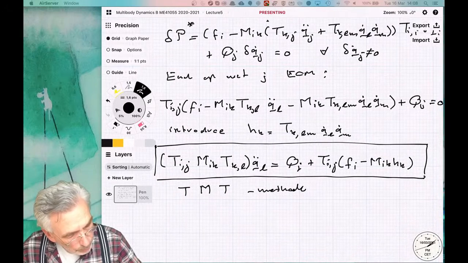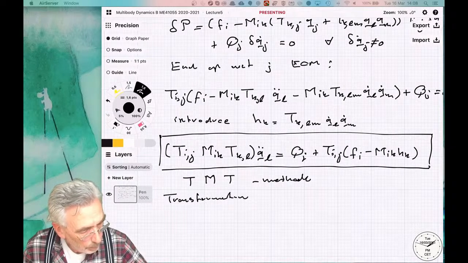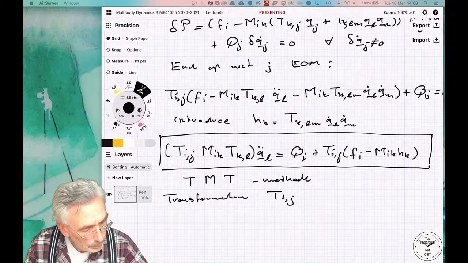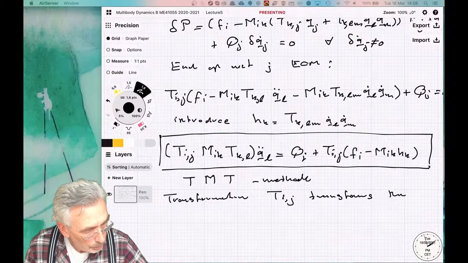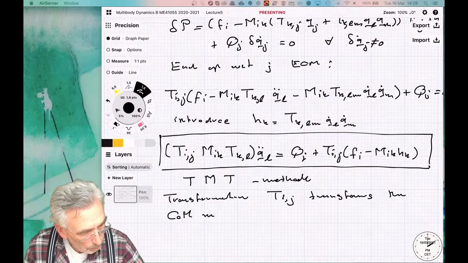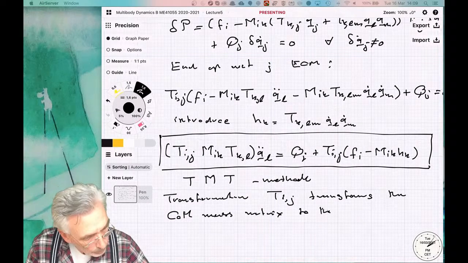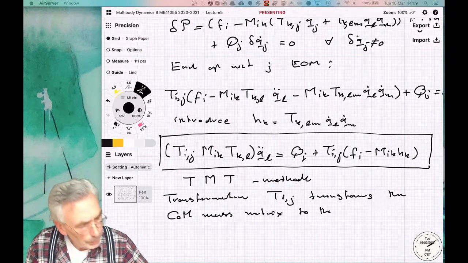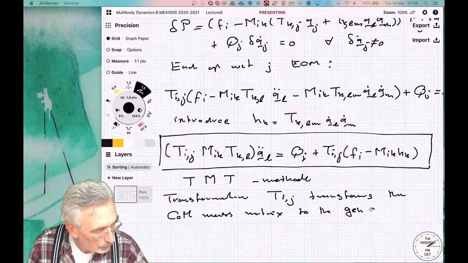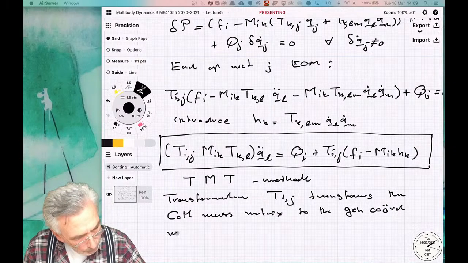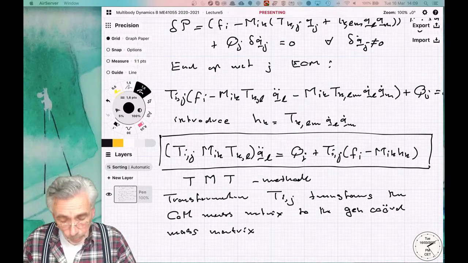Because the transformation Tij transforms the mass matrix, the COM mass matrix, to the, how do you say, degree of freedom, generalized coordinates, let's say generalized coordinates mass matrix, and therefore we call that a TMT.